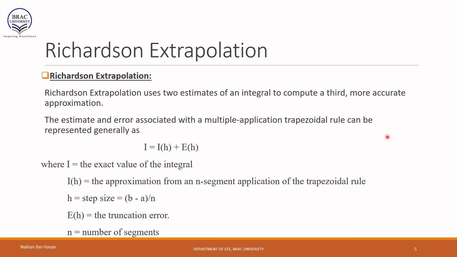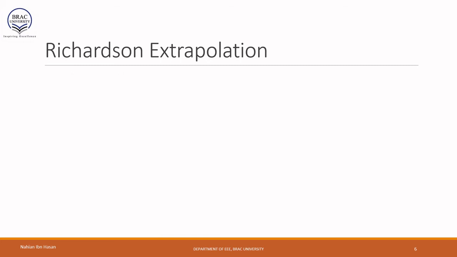So if we sum these two quantities, the approximated result plus the error, we will get the exact value. That's the definition of the true exact value of integration.